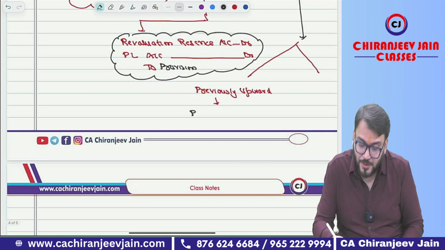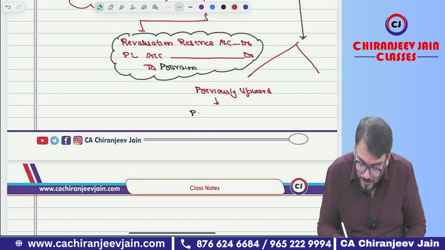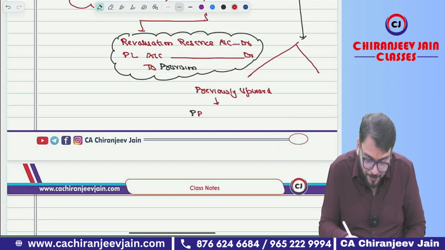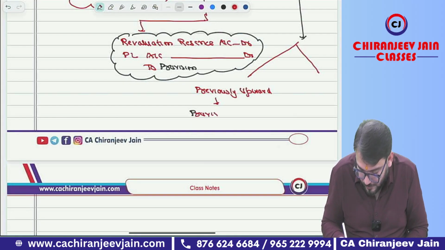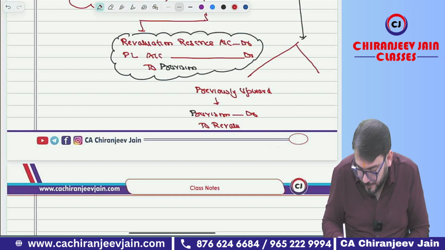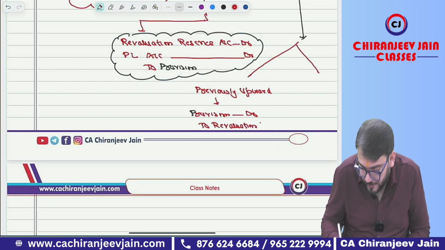Okay, sir. So previously upward. Now the journal entry: provision account debit to revaluation reserve.